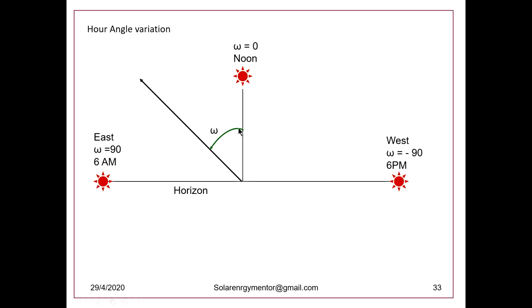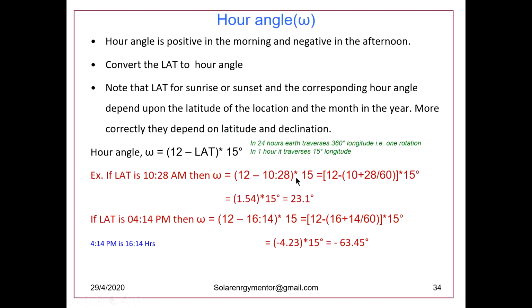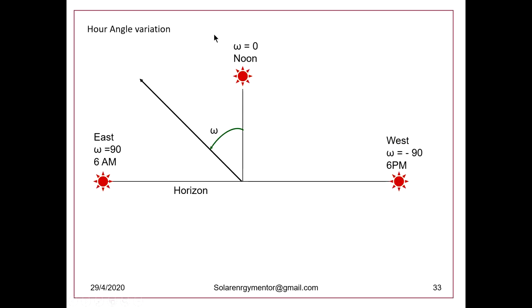So omega is measured from noon on the basis of the zenith. So it is measured like this. So omega is 90 at 6 a.m. Similarly, in the afternoon, omega is negative. So it goes to 6 o'clock like this, and it becomes -90. Okay, so that's how the convention of hour angle is followed.